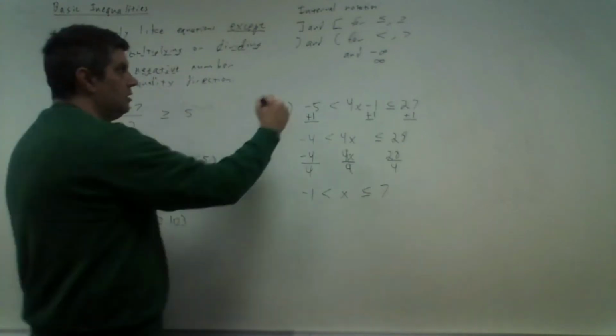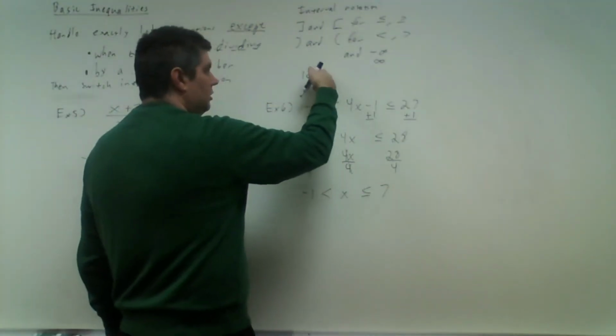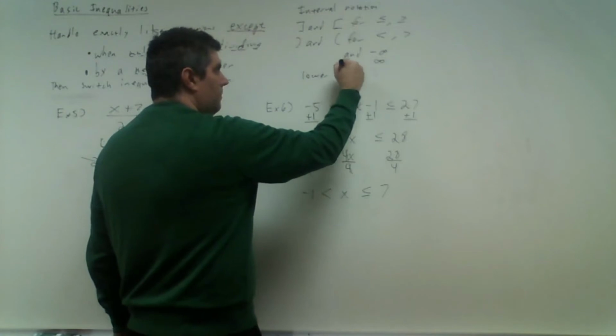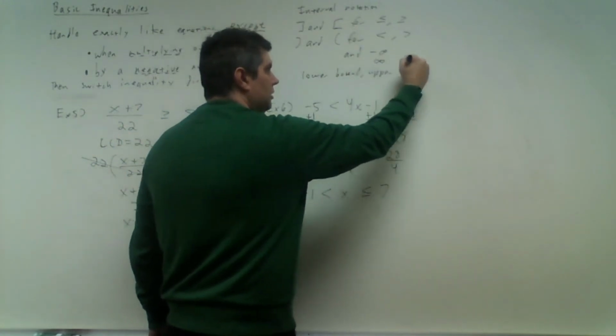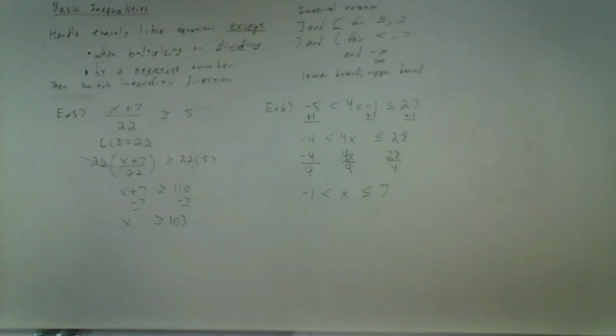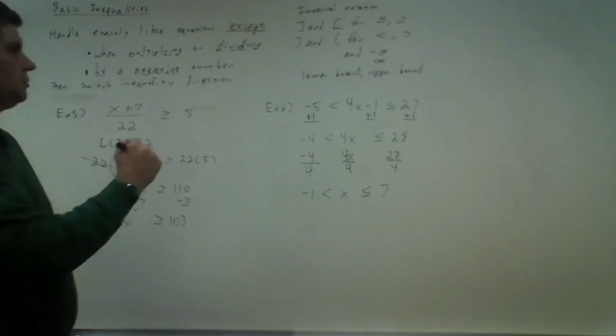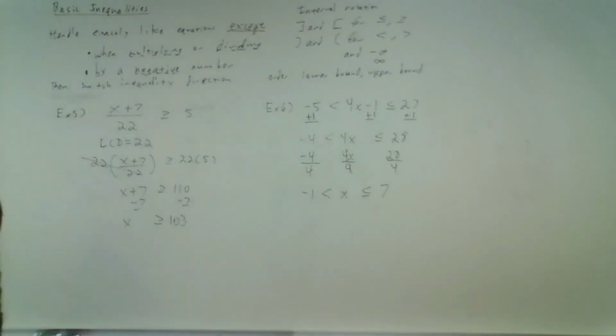We list it with lower bound, upper bound. So that's the order that is followed.